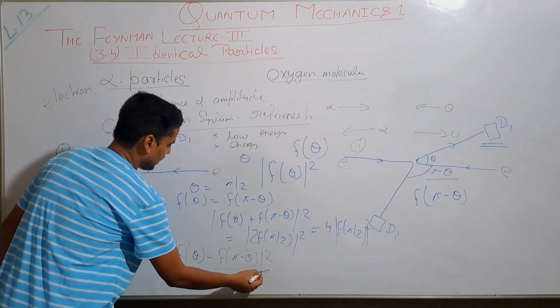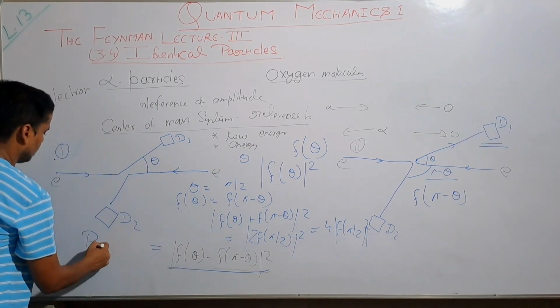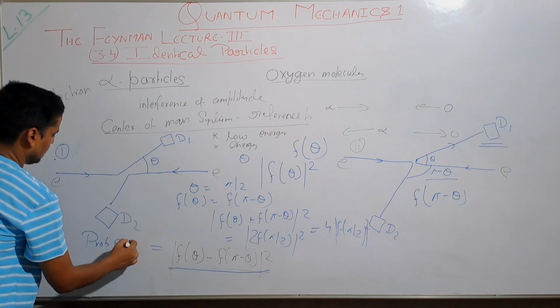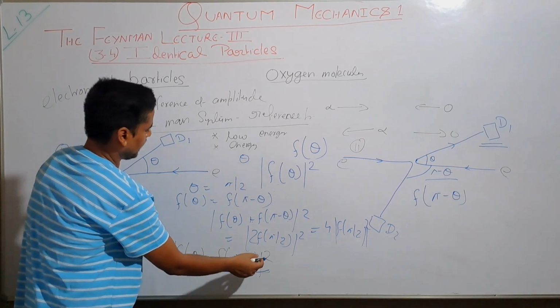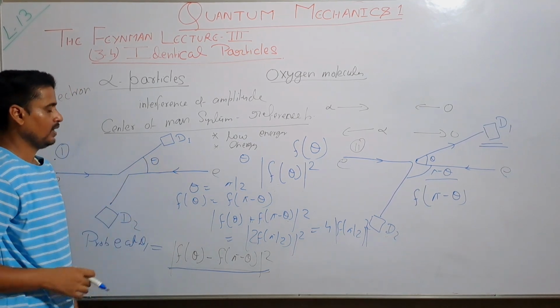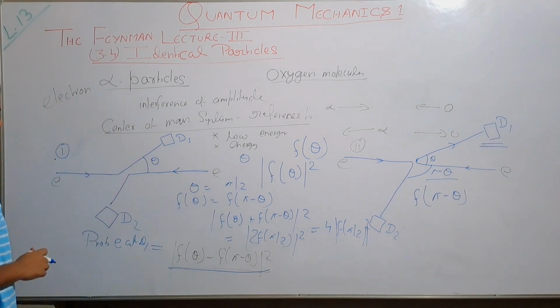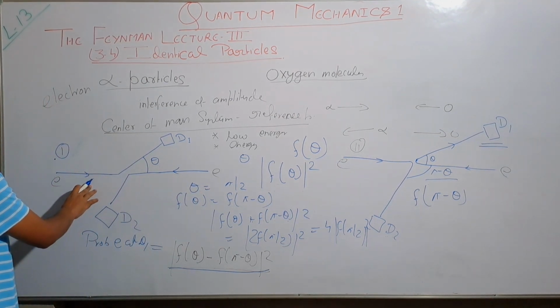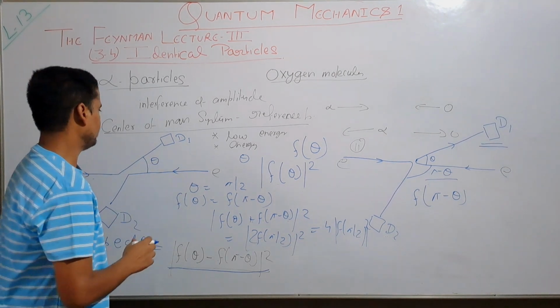This is the probability of getting an electron at detector D1: (f(theta) minus f(pi minus theta)) whole squared, because these two are identical particles. It means when they collide there will be negative interference of their amplitude.